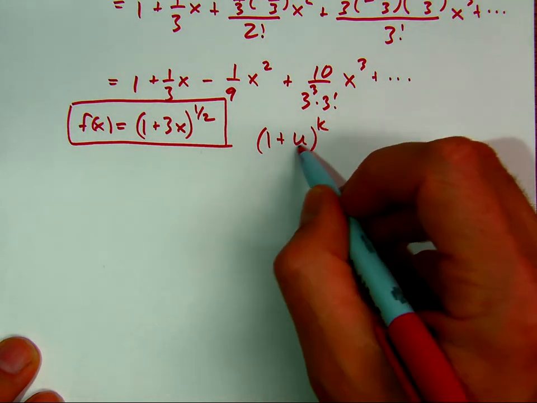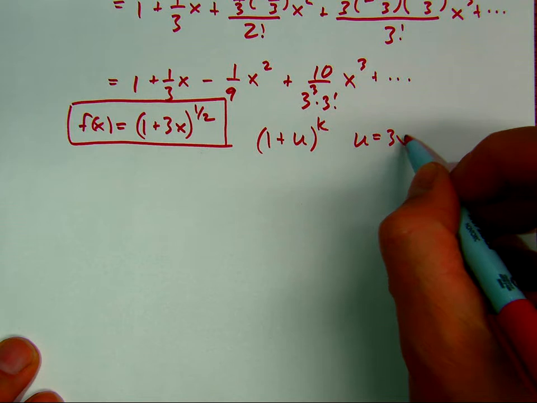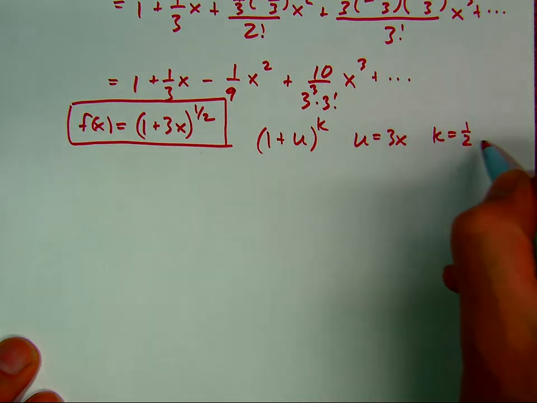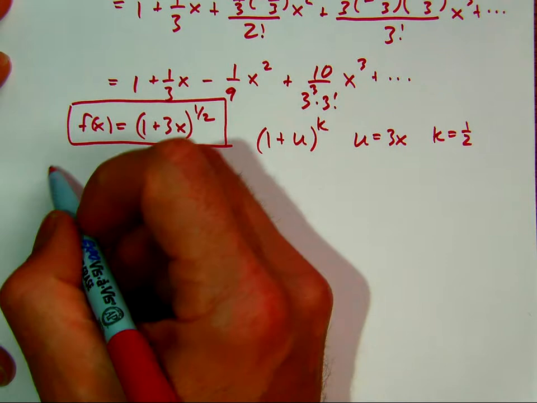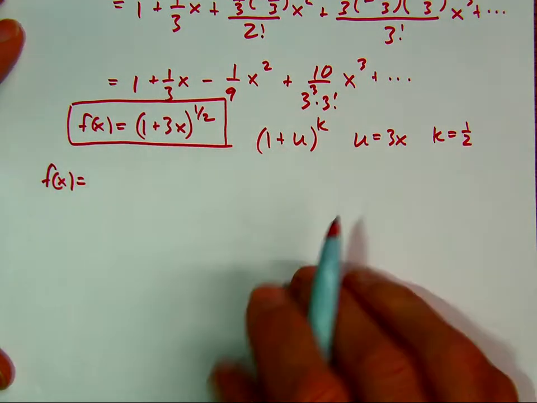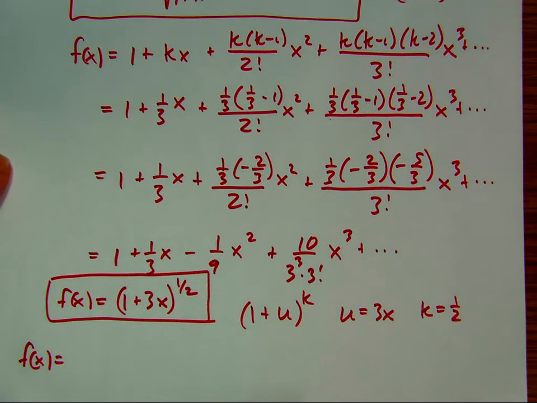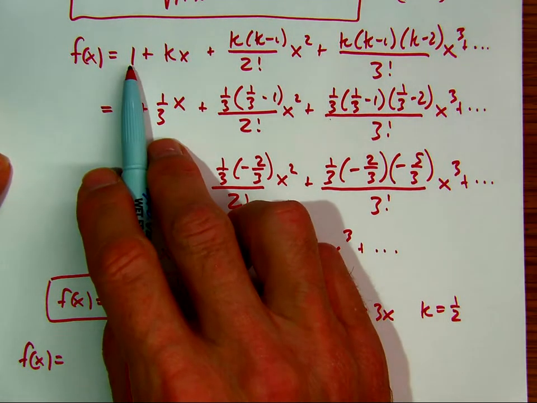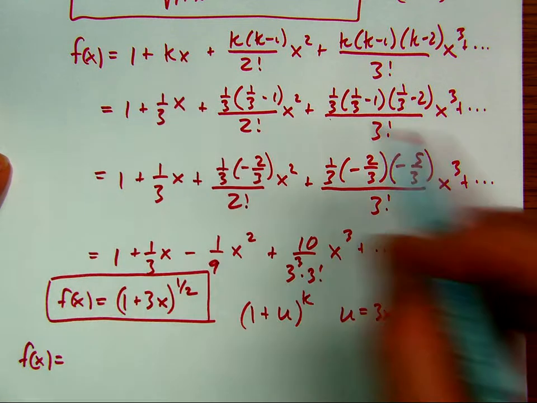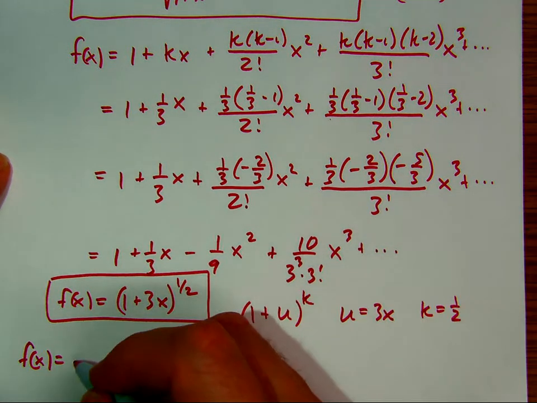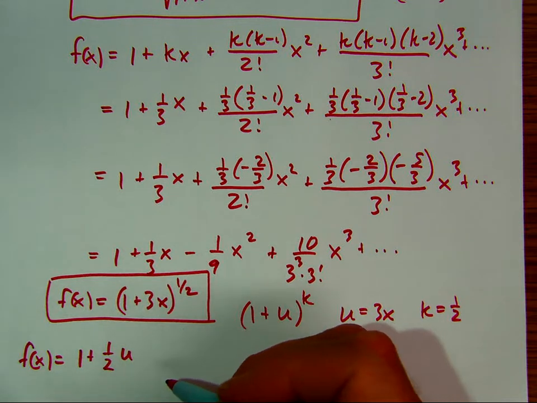We can't have numbers there, it should just be a variable. And we'll just say u is 3x, k is 1/2, and then we can substitute it into the formula. And we'll say f of x. So we're just going to use this. We'll go 1 plus kx, but instead of an x, we're going to have u. So we have 1 plus k times u.